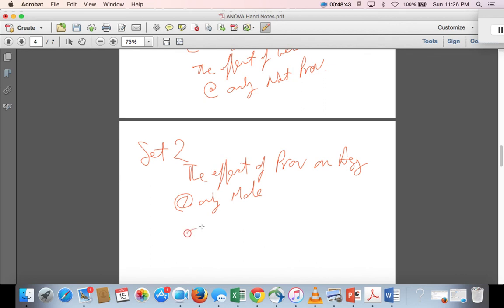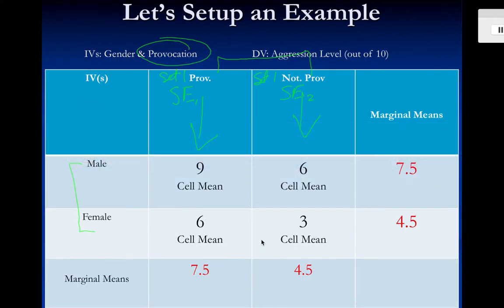My second one would state the effect of provocation on aggression at only females. And why? Because again, going back to my table, now what I want to do is compare individuals who are provoked and not provoked for only males. And next, I want to look at only females. So that gives me my complete set of simple effects.